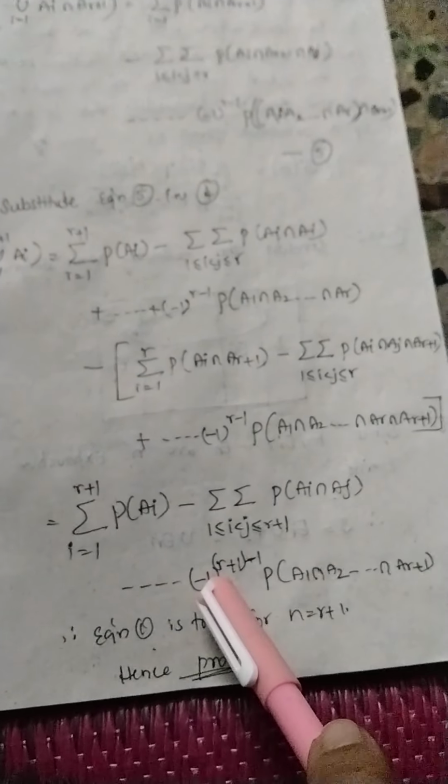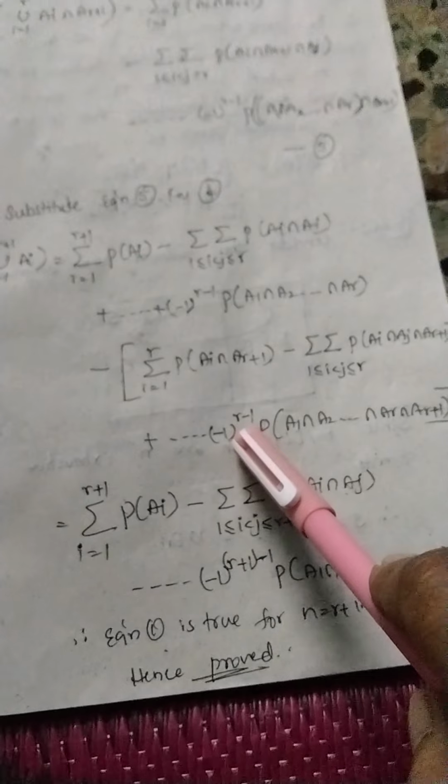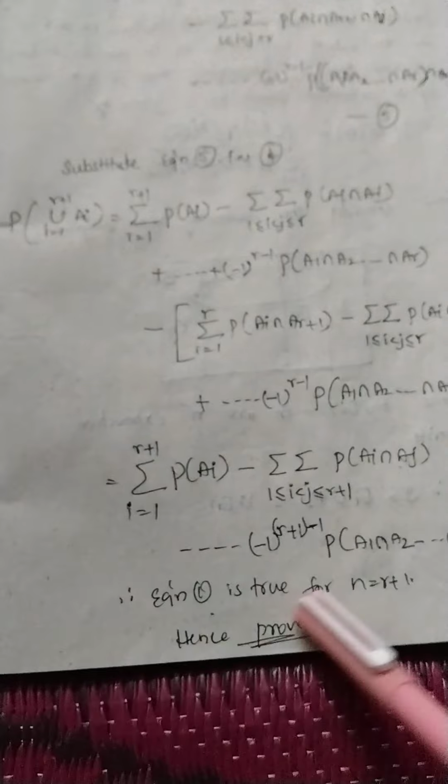In the place of n we are going to get r+1 terms, that is minus 1 whole to the power of, just here you will be getting the value of r. I am going to add plus 1 and minus 1 over here to get the remaining value. Therefore equation 1 is true for n equals r+1. Hence proved. Thank you.